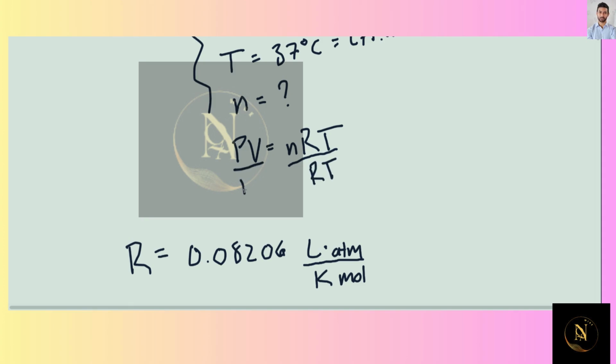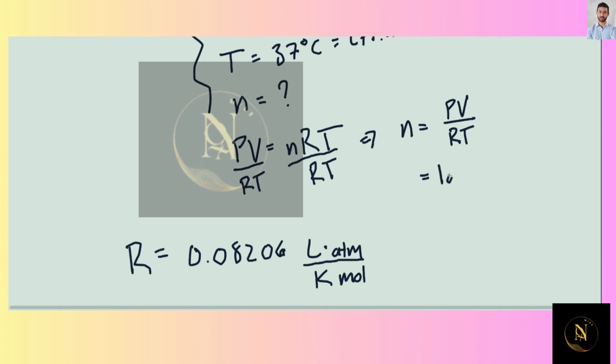As long as we divide both sides by RT, that's totally valid. And the RTs on the right-hand side will cancel out. And this implies that n is equal to PV over RT.